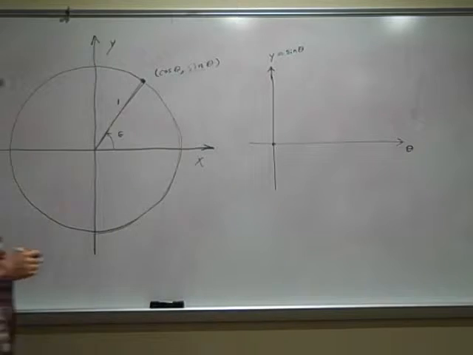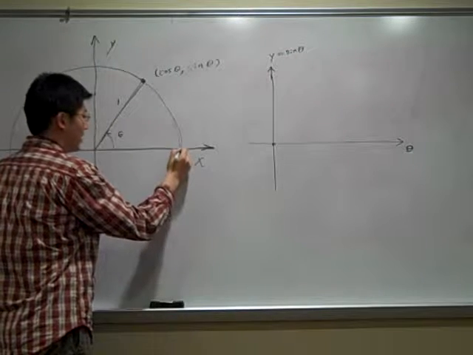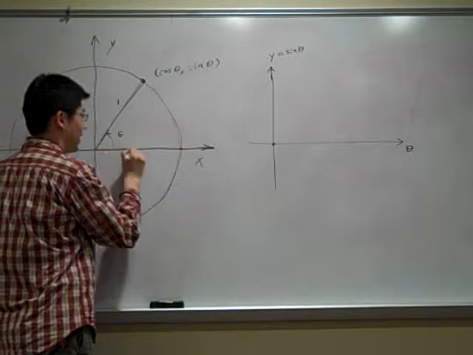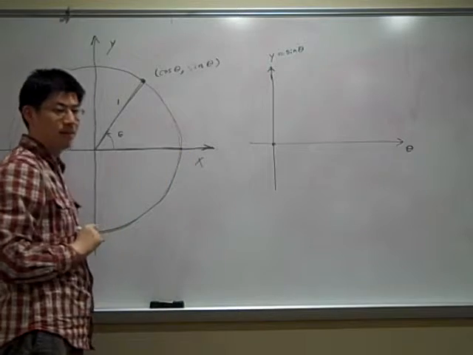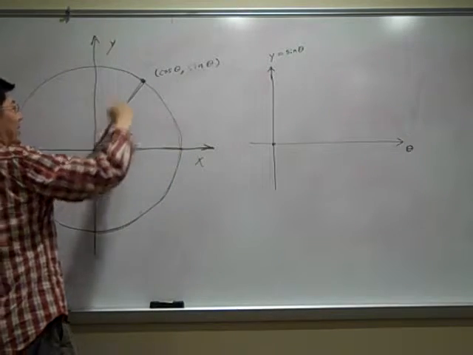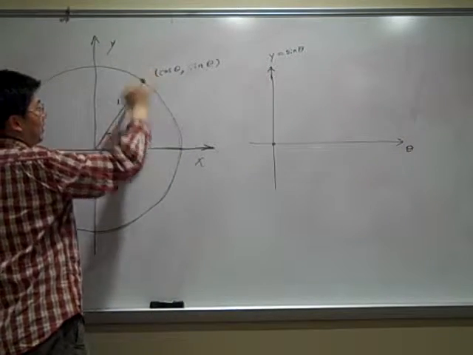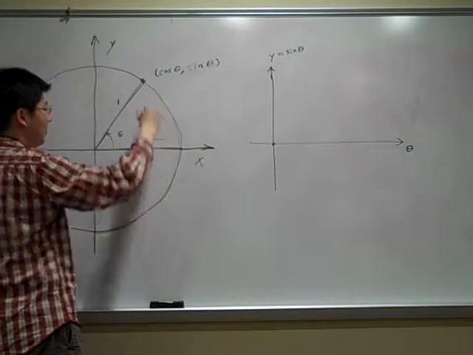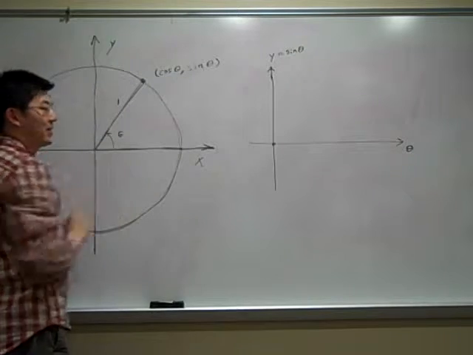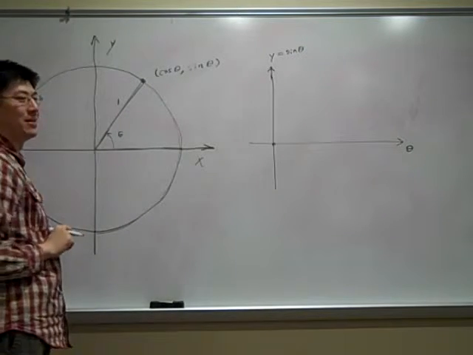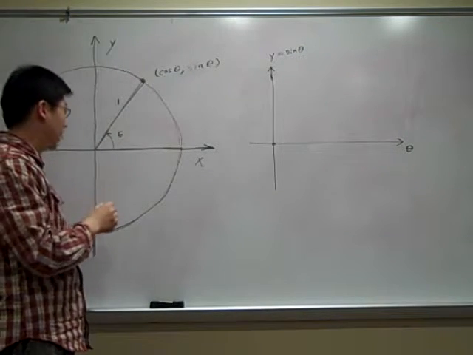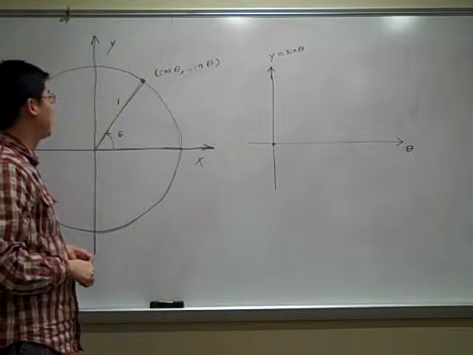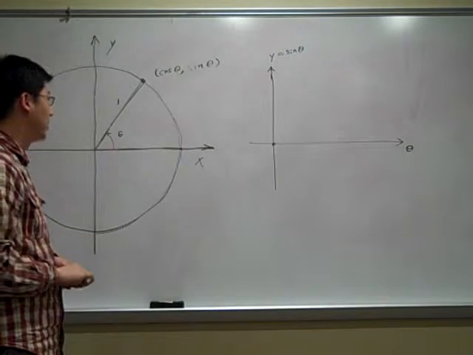Theta equals 0 is this line of 0 degrees. Maybe theta is 45 degrees, and then y is the side of a 45-45-90 right triangle, which is square root of 2 over 2.